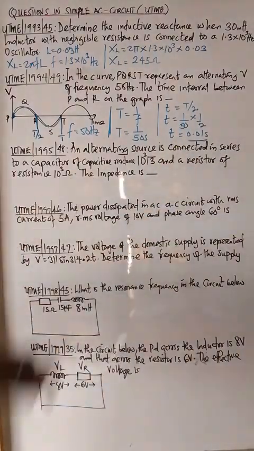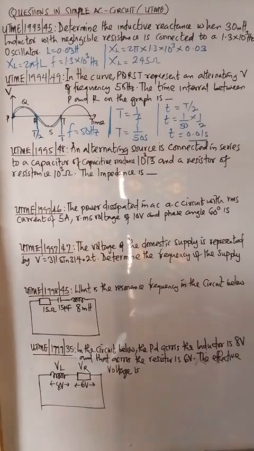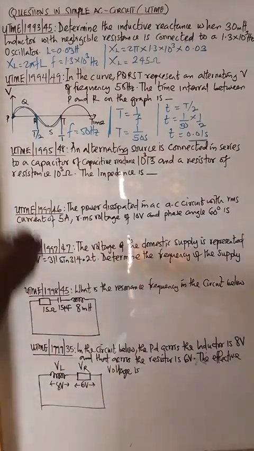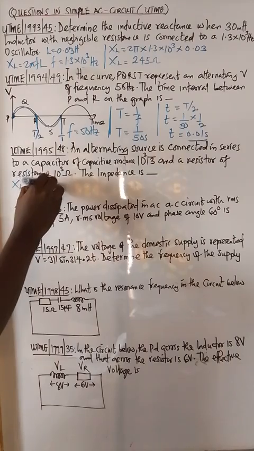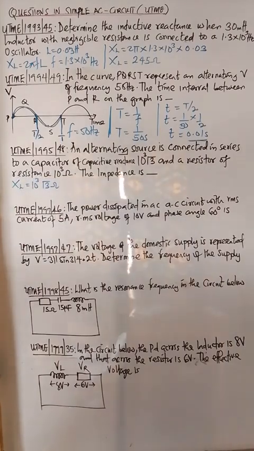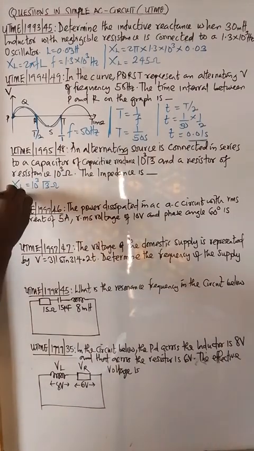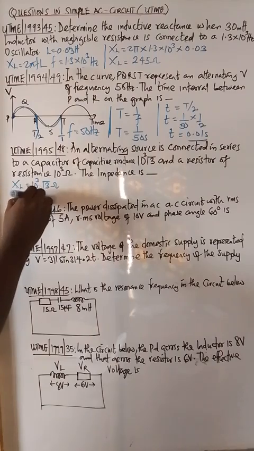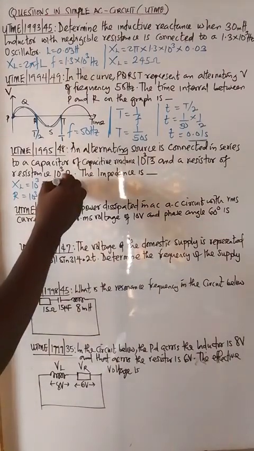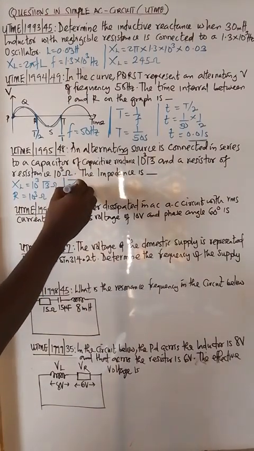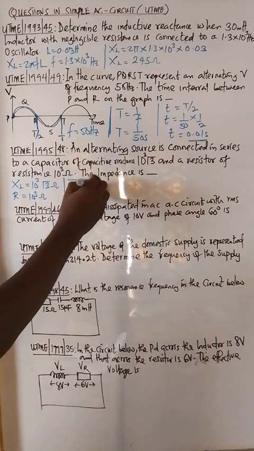Next, an alternating source is connected in series to an inductor of reactance XL, which is 10⁻³ root 3 ohms, and a resistor of resistance R, 10⁻³ ohms. The impedance is, in this case, we have only XL and R. There is no C. So that's the impedance for RL circuits.